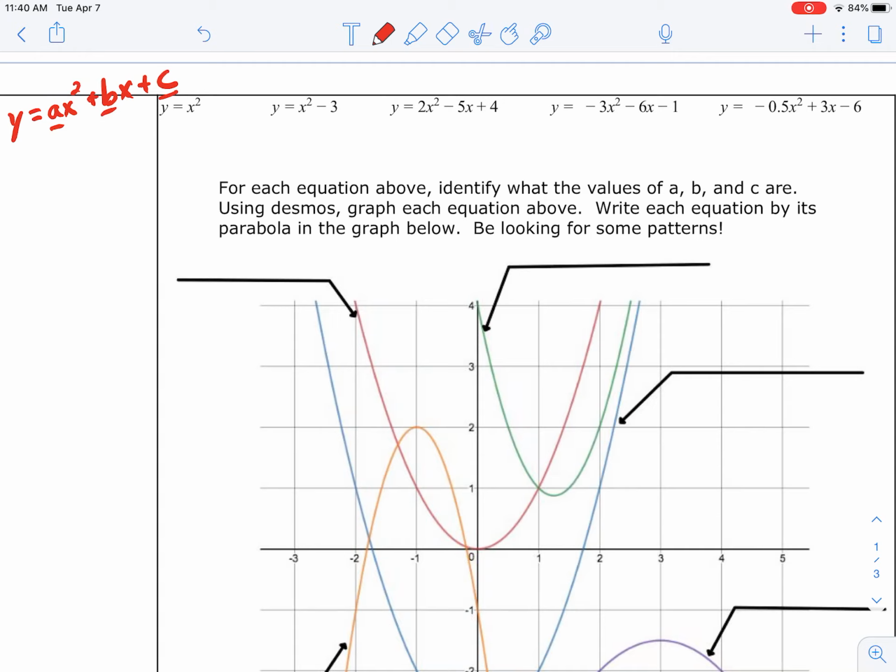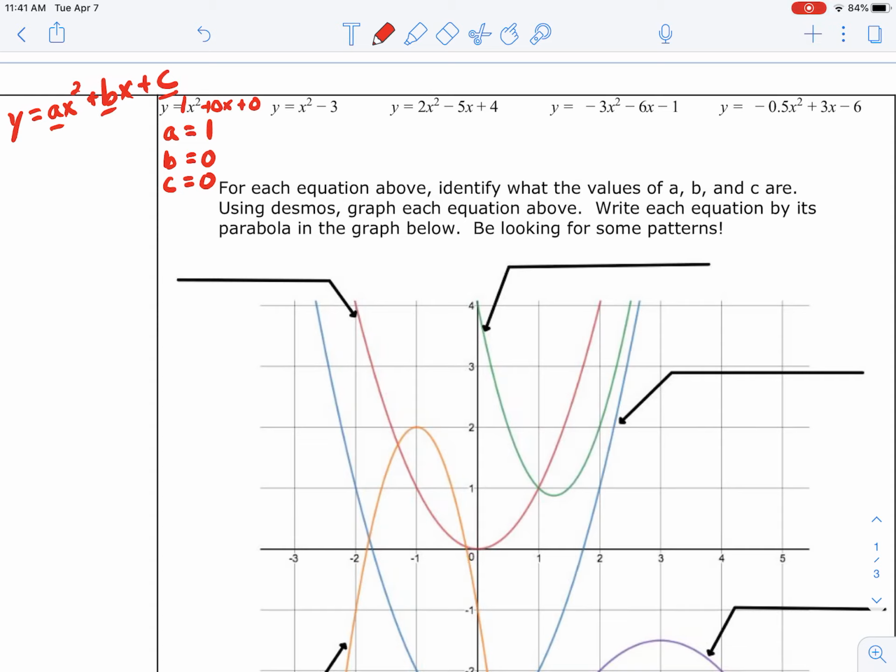You'll notice our first equation, we really have a 1x squared, but that's it. In other words, we really have a 0x and a 0 for the b and c values. So in this case, we have an a value of 1, but our b value is 0 and our c value is 0 as well.